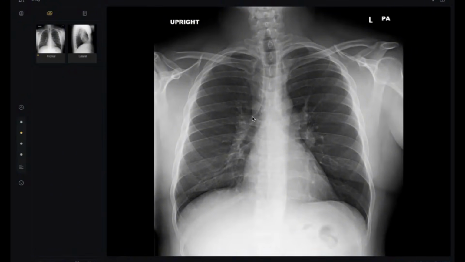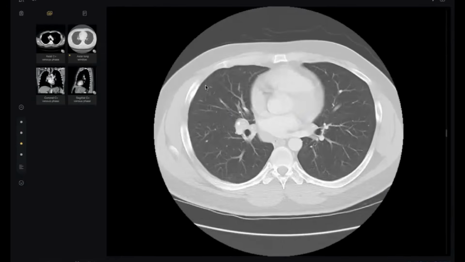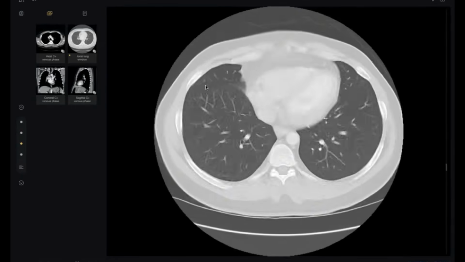TB lymphadenopathy is almost always associated with some parenchymal affection, especially at the apex. Even here, there is no pleural involvement. A big difference. Look here at the chest CT.